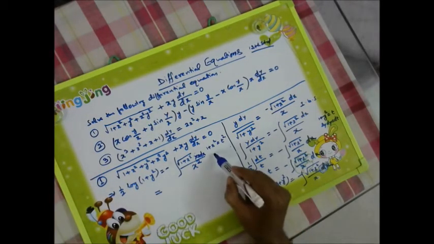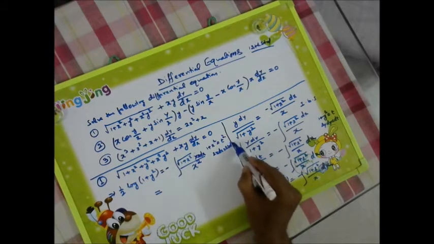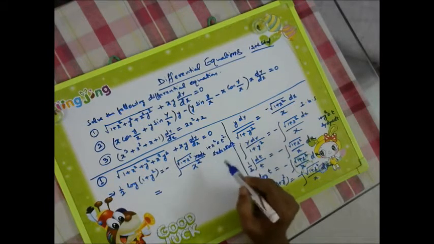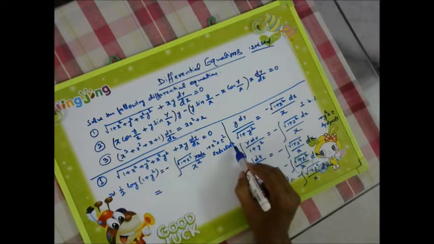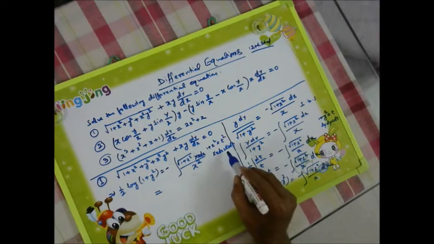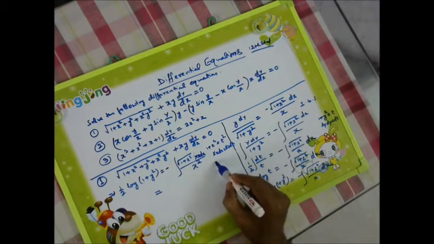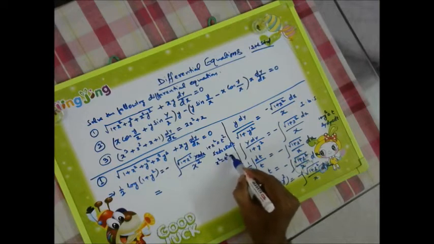So 2x dx is equal to 2t dt. 2 has got cancelled. So x dx is equal to t dt. Then x square is equal to t square minus 1 will come.